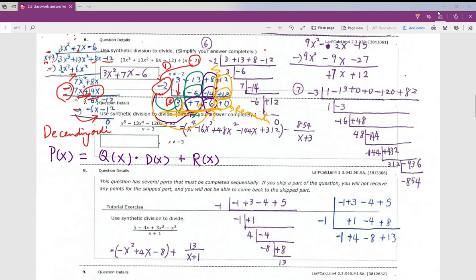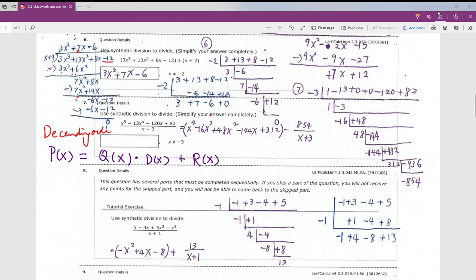Because this is the first time you are learning synthetic division, I would like to show you one more time. After all the explanation, right now I'm not going to explain again, but I'm going to show you the method one more time. So first, you copy the question, just copy the coefficients.